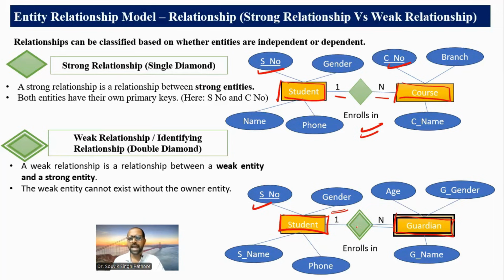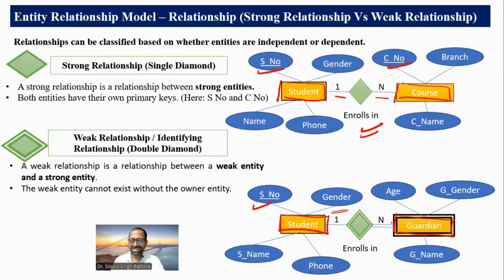No, they have to be associated with one or the other student. Therefore, this guardian entity type is dependent on the student entity type. And if we remove the student, that is the owner entity type, the guardian record cannot be meaningfully identified within this model. You can identify the weak entity type using a double rectangle.